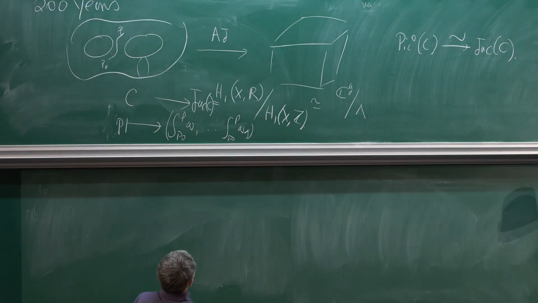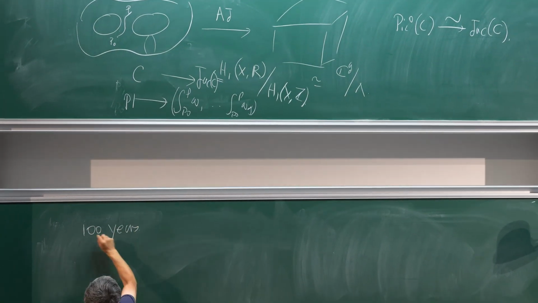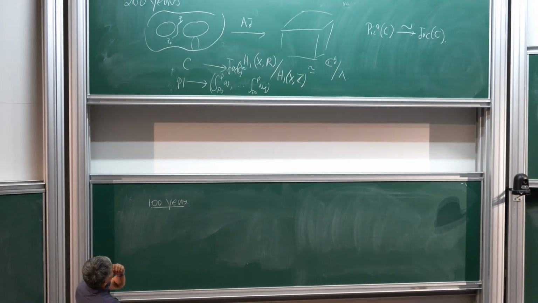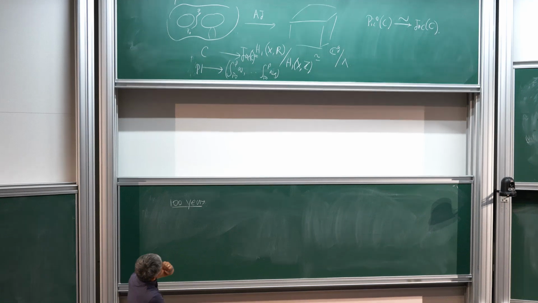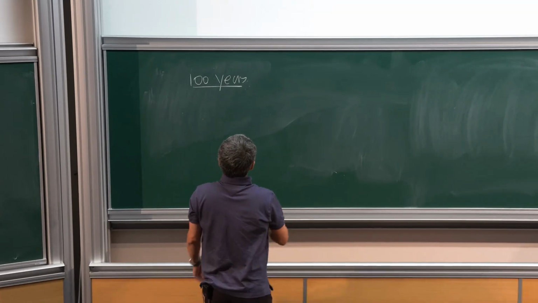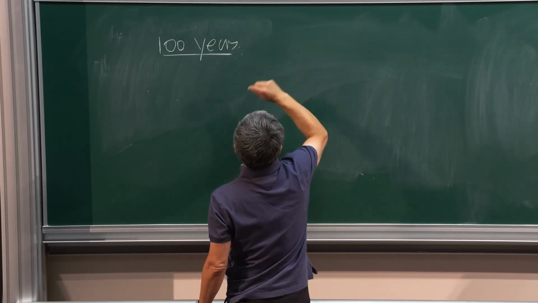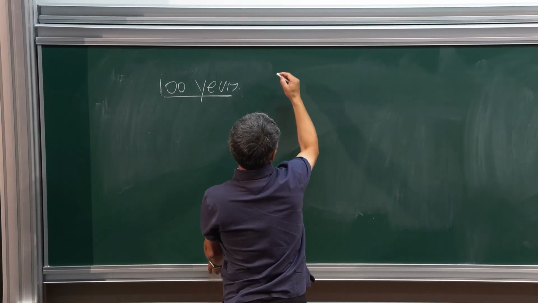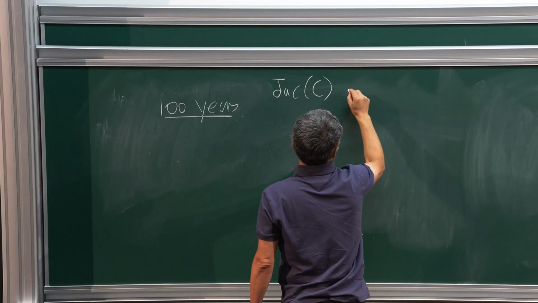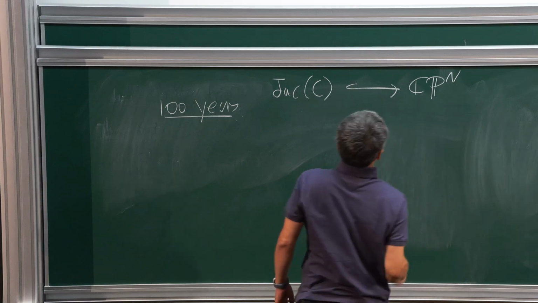Then 100 years later, you start with Poincare trying to make this completely arithmetic. Before that, at least Riemann knew that this Jacobian of C is in fact a projective variety.